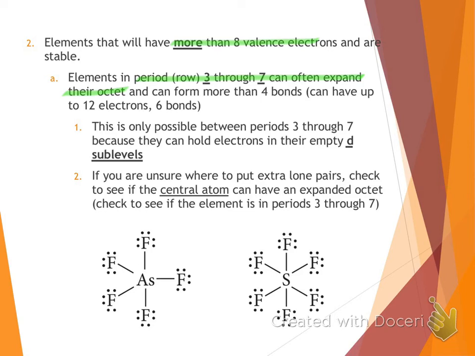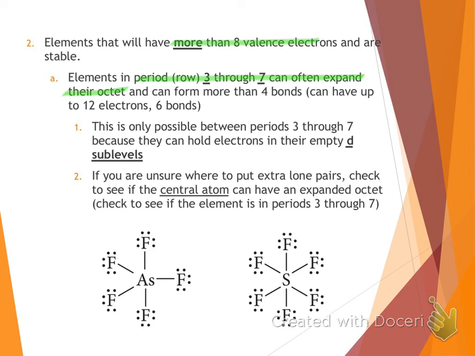We can only do this in periods 3 through 7 because they hold those extra electrons in those empty d orbitals. Once we get to period 3, our valence electrons are in the 3rd energy level, and the 3rd energy level has s, p, and d orbitals.